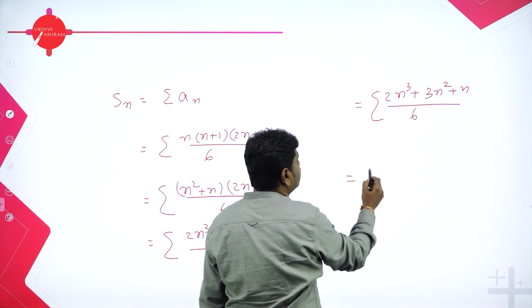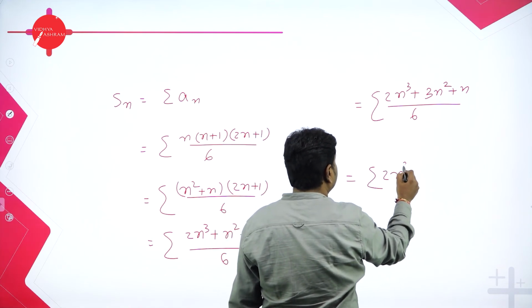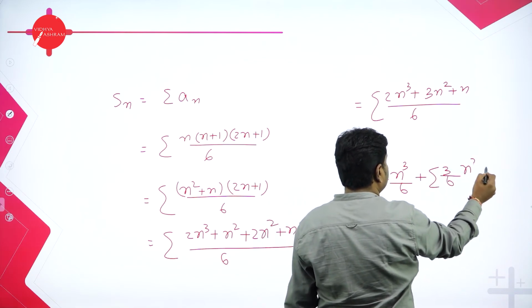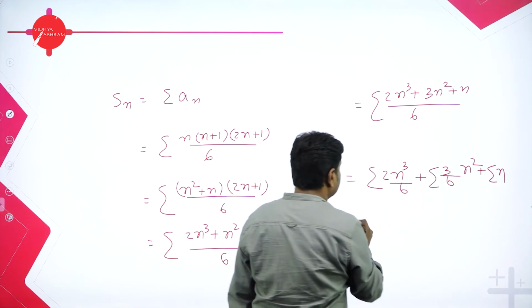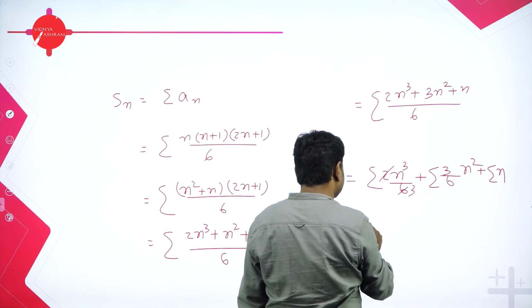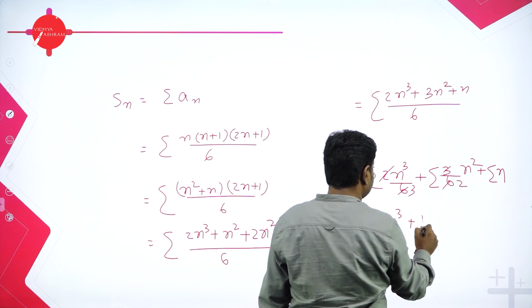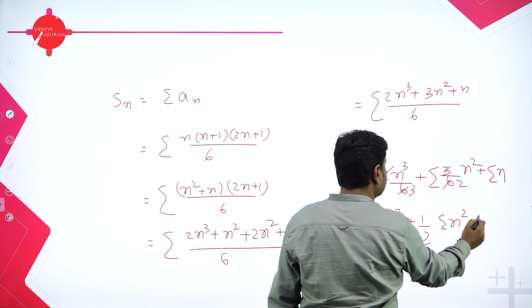Now apply this. It will become sigma 2n cube by 6 plus sigma 3 by 6 n square plus sigma n. So 2 ones are 2, 3s are 6, 1 by 3 is constant, sigma n cube, plus 3 ones are 3, 2s are 6, 1 by 2 is constant, sigma n square, sigma n.